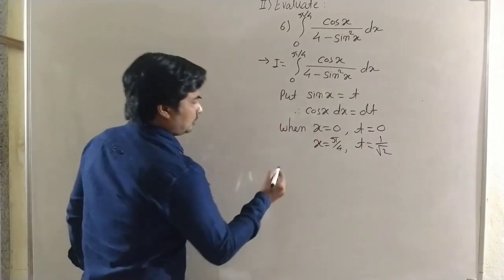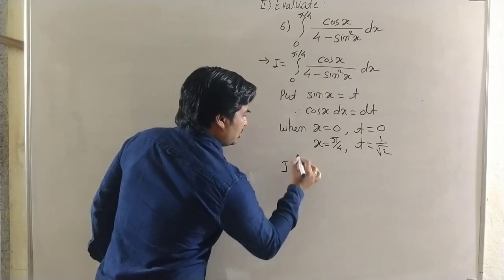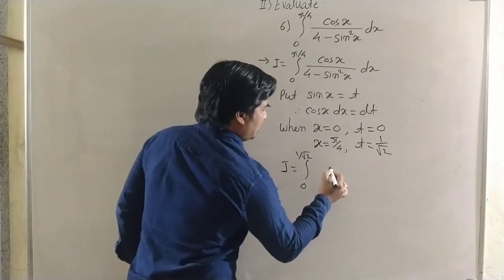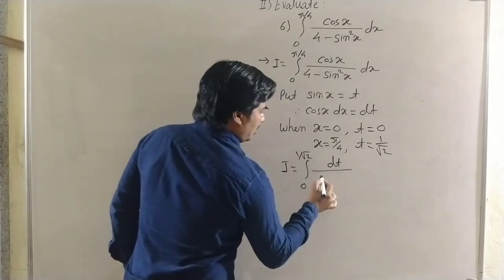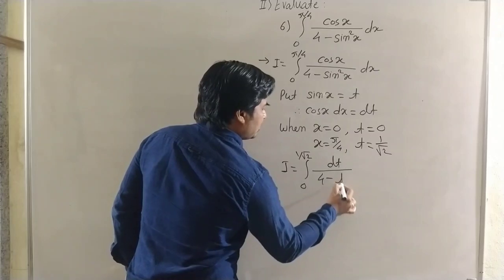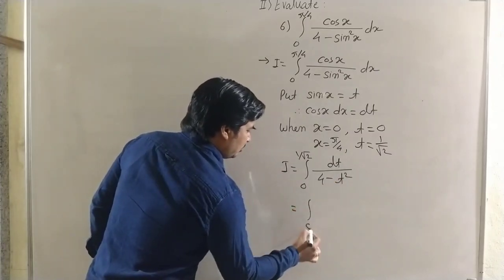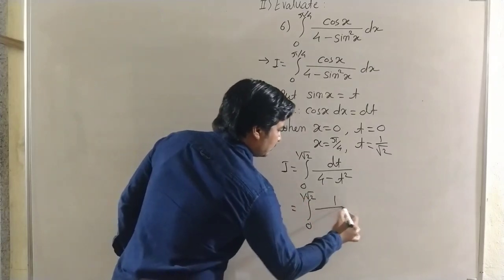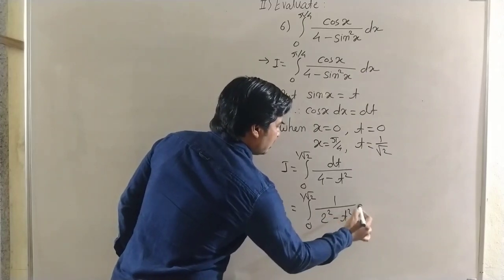Then the integral is 0 to 1 by root 2, cos x dx is dt, upon 4 minus t square. Then it is 0 to 1 by root 2, 1 upon 2 square minus t square dt.